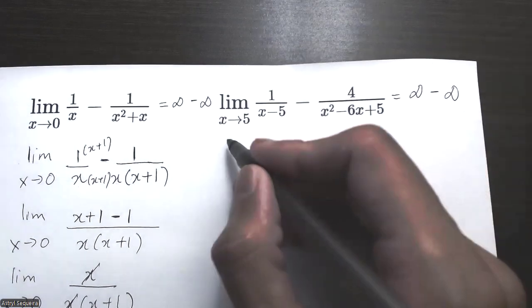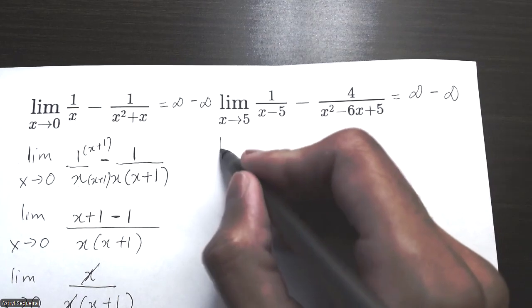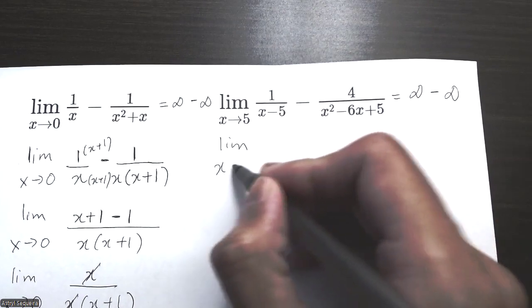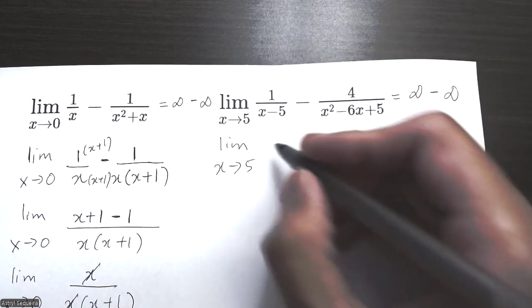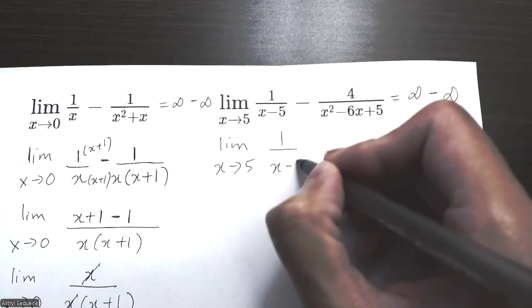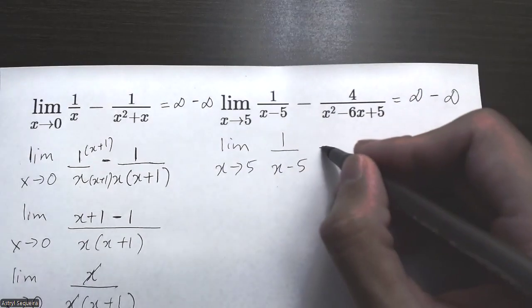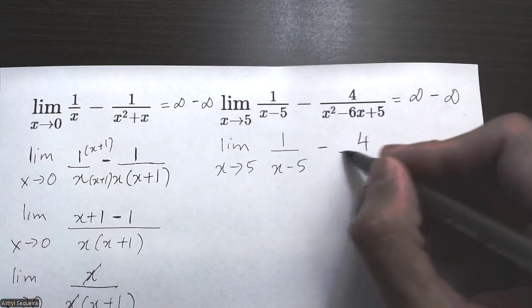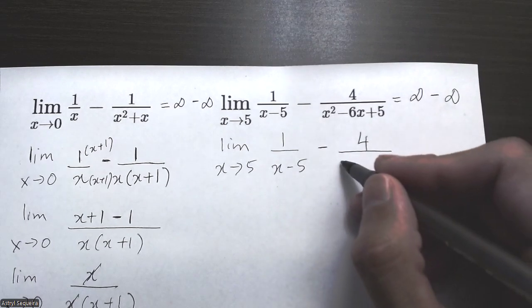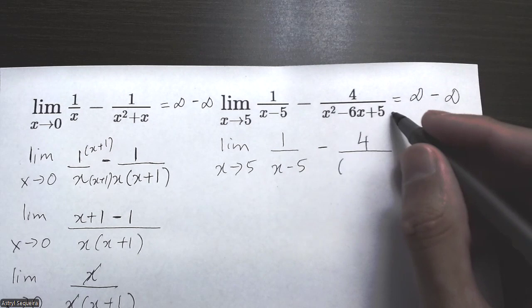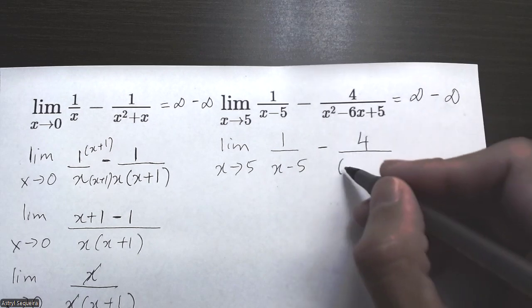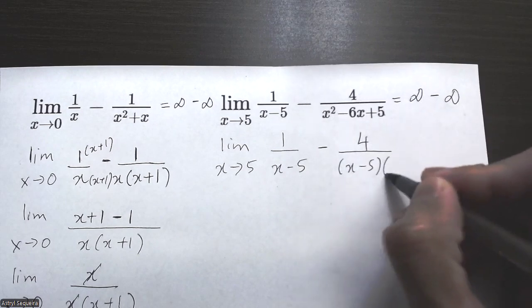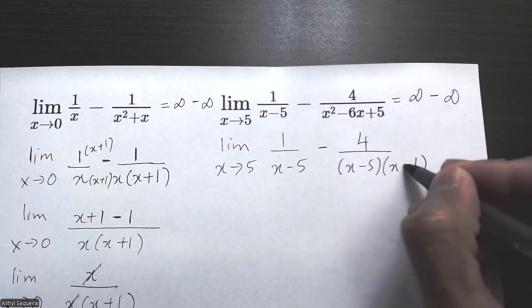So I'm going to again do the same steps. I'm going to factor. Can't factor this first one over here, but the second one over here can be factored by a trinomial. So what multiplies to 5 adds to -6? It's -5 and -1.